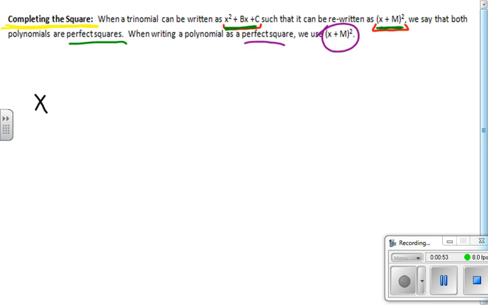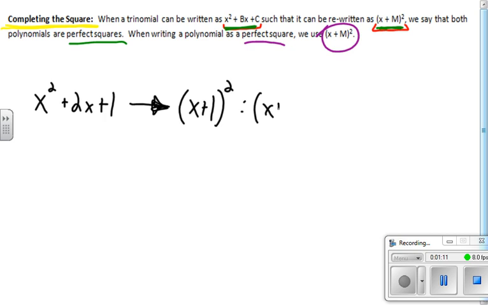If we have the expression x squared plus 2x plus 1, we can factor that down into x plus 1 squared. And if you don't believe me, we can do x plus 1 times x plus 1, because this is x plus 1 squared.